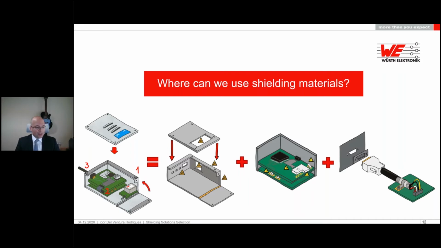This housing will have inside a PCB or various PCBs and at least one cable to either power it up or communicate with the external world. We will be breaking it down in three parts: the housing itself, the PCB solutions, and the cable shielding solutions.